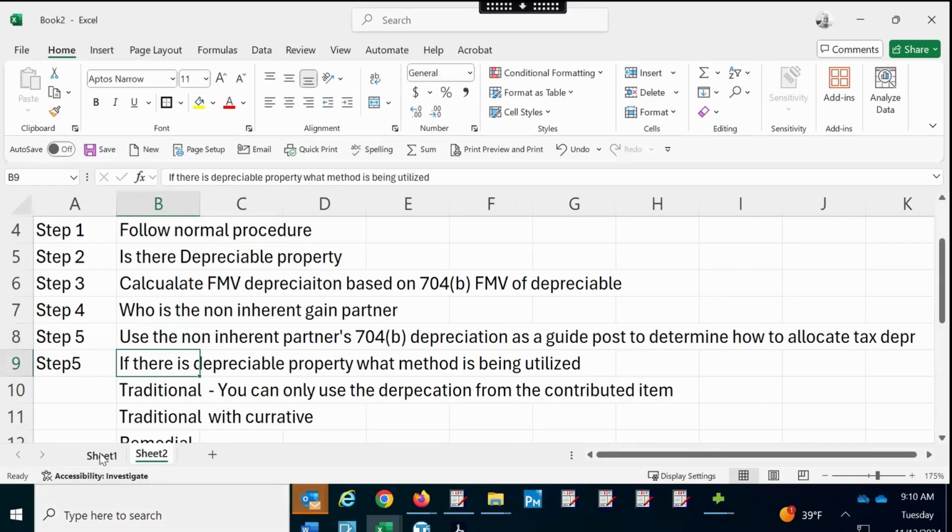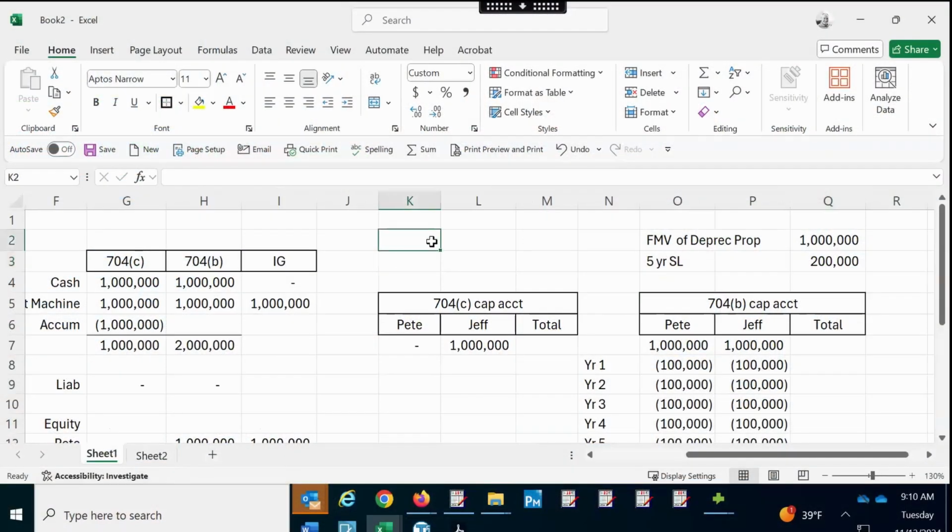Okay? And then the traditional method says you can only use the depreciation from the contributed depreciable asset. What is the depreciable contributed asset, Brett? The widget machine. Okay? So, tax net book value.